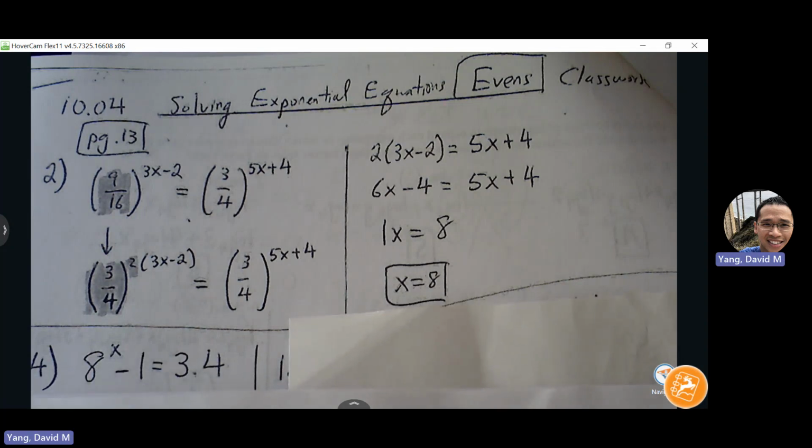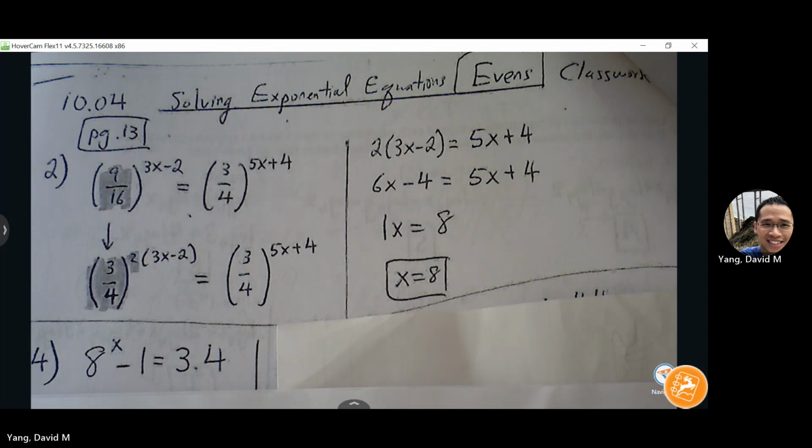Okay, let's look at number 4. So with number 4, look at where the x is located. The x is located in the exponent, so eventually you're gonna have to involve log or natural logs to bring that x down. But before we do that, let's see if we can clean up as much as we can.